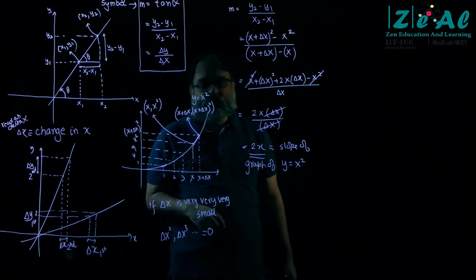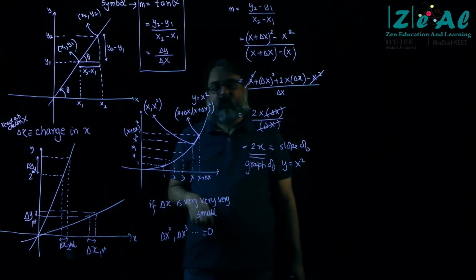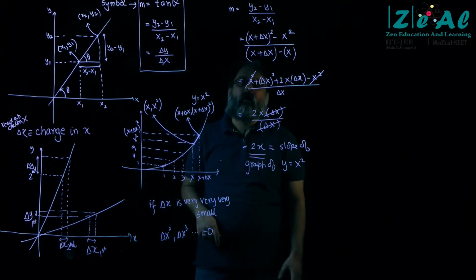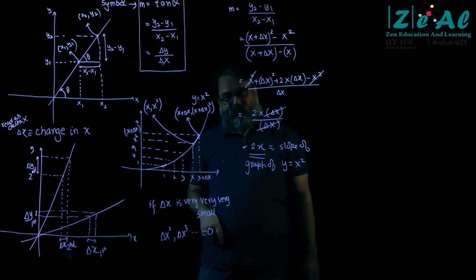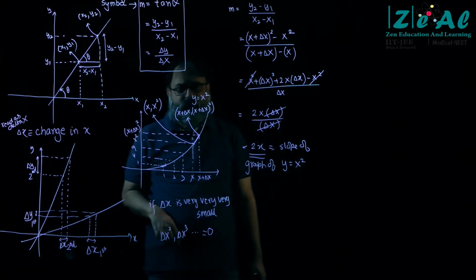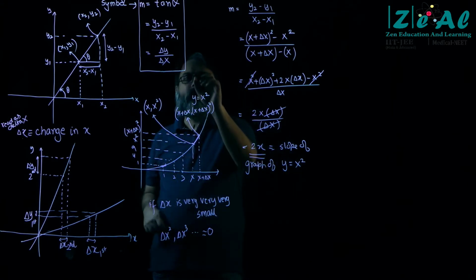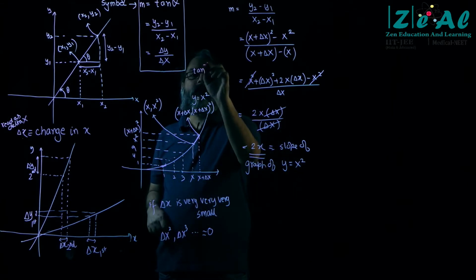And I told you in the last class that we'll have to find this by using a scientific calculator. If you open a scientific calculator, you will find that there is a button called tan inverse.